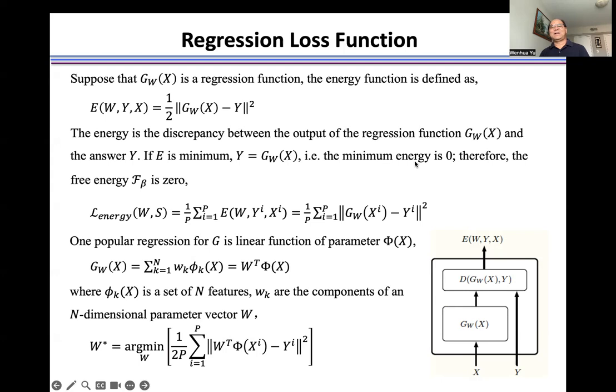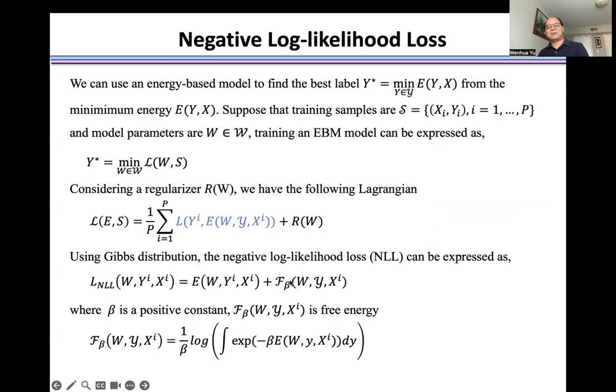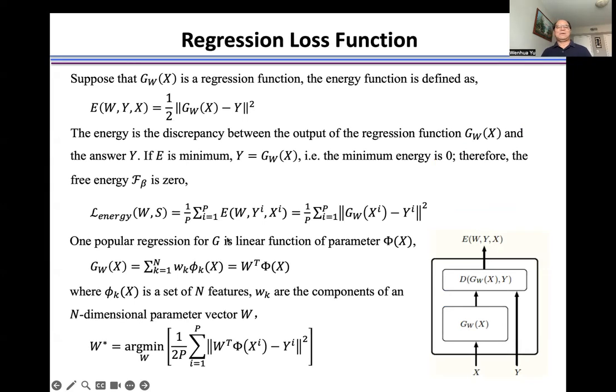So the minimum energy is 0, and the free energy here is 0. That means the loss function is only the energy for each example. We put all the examples together using maximum likelihood estimation, and then we get this discrepancy. This is the loss function.